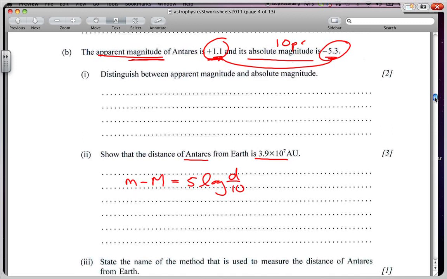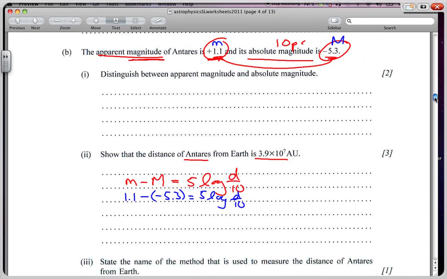The plus 1.1 is the small m, and this is your capital M. So we're going to get 1.1 minus, and don't make a mistake with this minus, put it in brackets, minus 5.3, is equal to 5 log of d over 10.